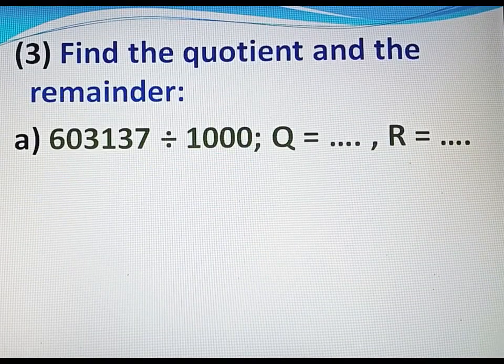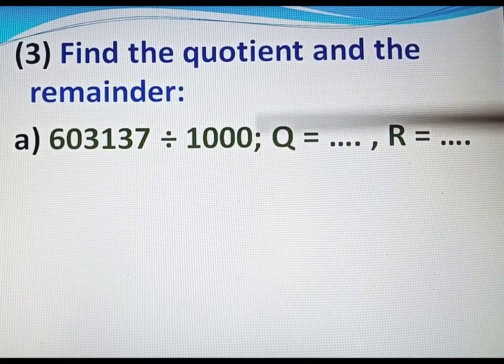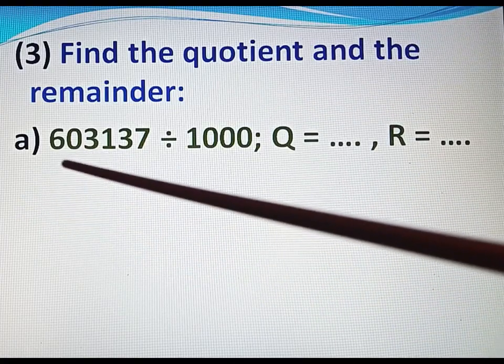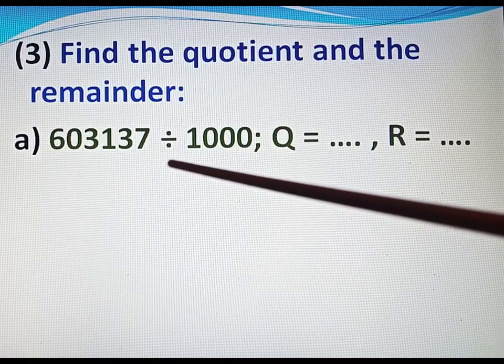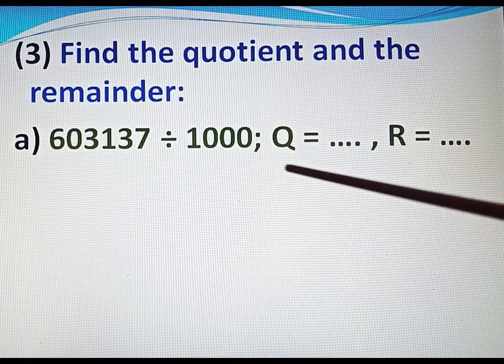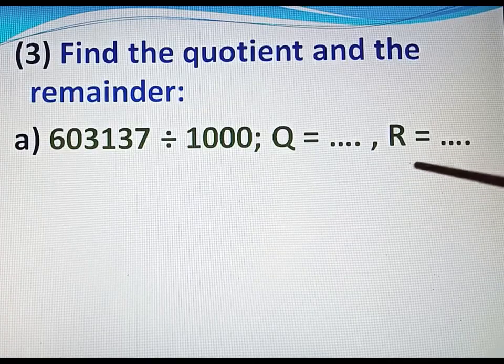Now come to question number 3. Find the quotient and the remainder. A part: 6,03,137 divide 1,000, quotient equal dash, remainder equal dash.